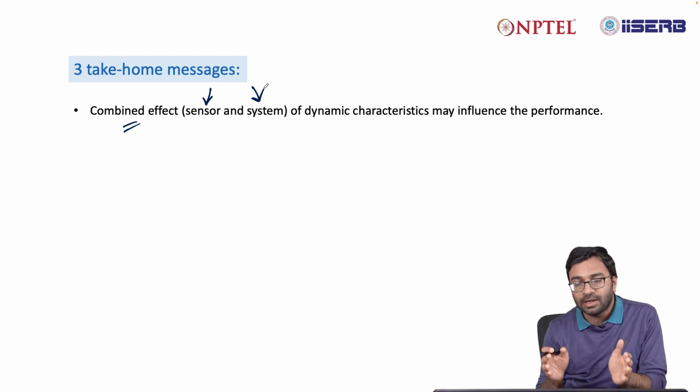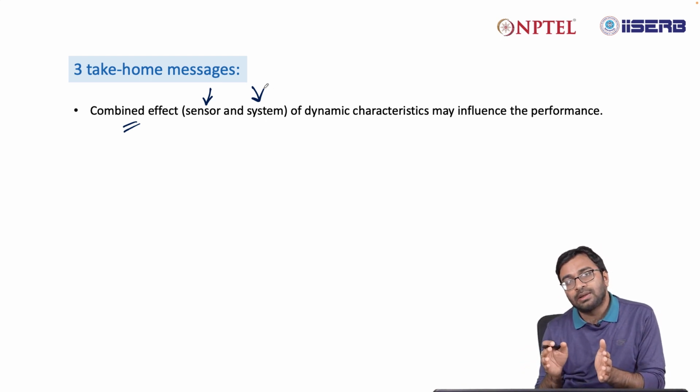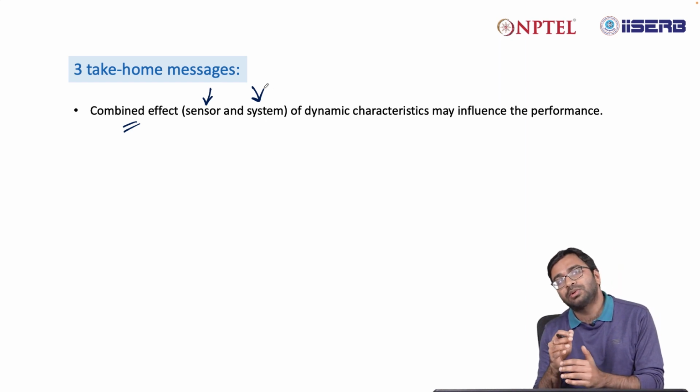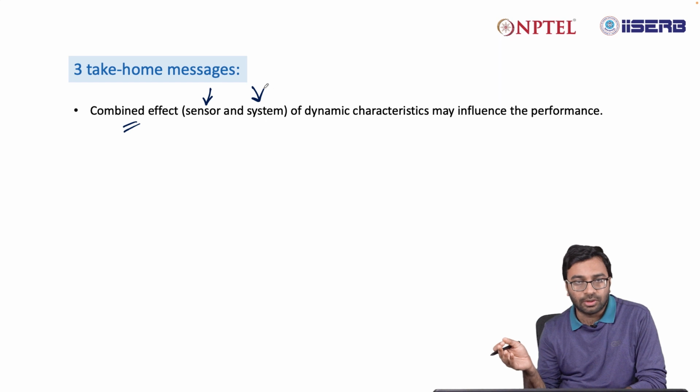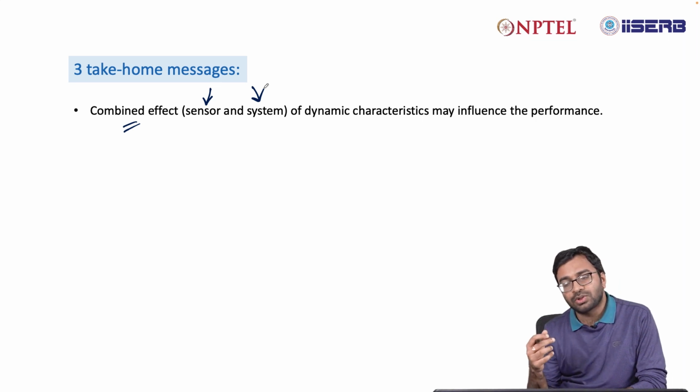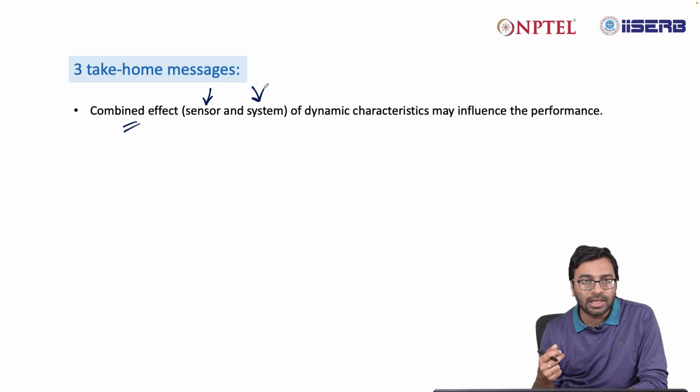So the combined effect may either introduce delay in your system, or in the worst case it may also introduce oscillations. Delay is something that you probably observe in almost all the systems, but in the worst case it may also create oscillation. So one has to be very careful about that, as we have discussed in the beginning of this lecture.